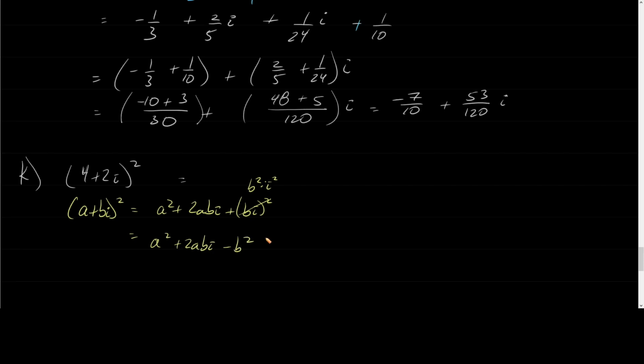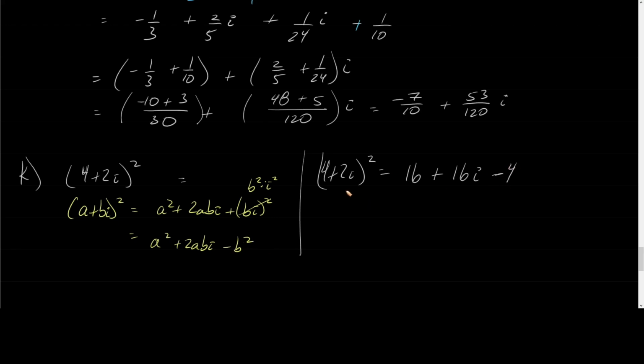All right. So essentially, just remember how to expand this, right? a plus b squared. So we can say then, maybe I'll write it over here. 4 plus 2i squared is going to be 16, right? The first one squared, plus twice the product of these two. 4 times 2 is 8 times 2, 16. So 16i, right? 4 times 2 times 2. And the last one squared, well, it's going to be minus 4 because of this, right?